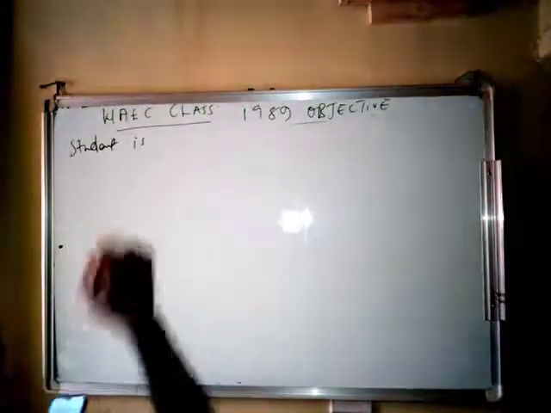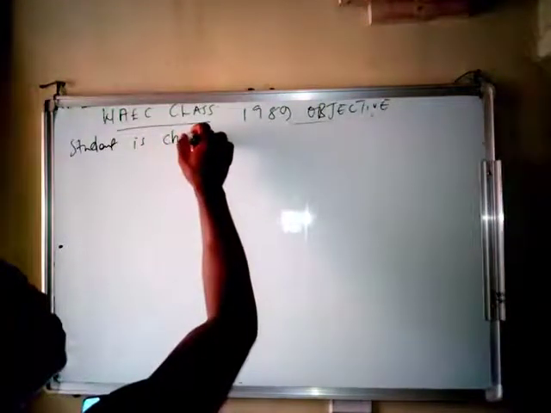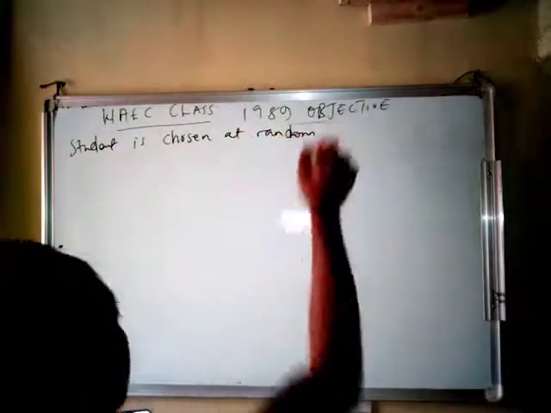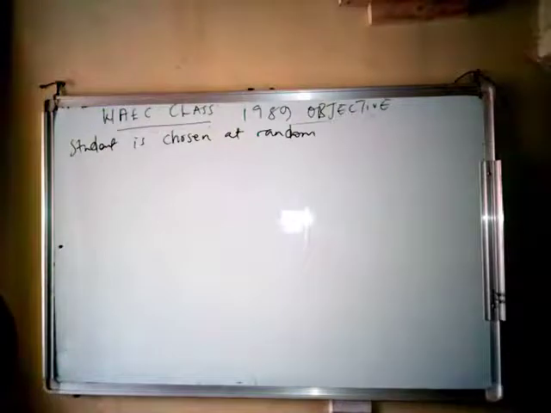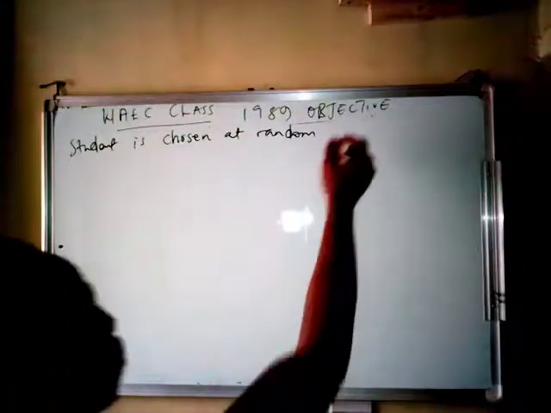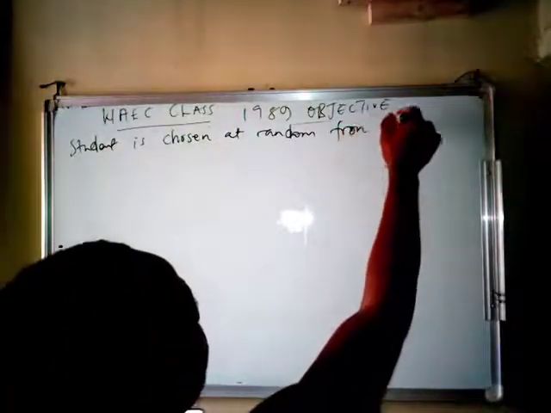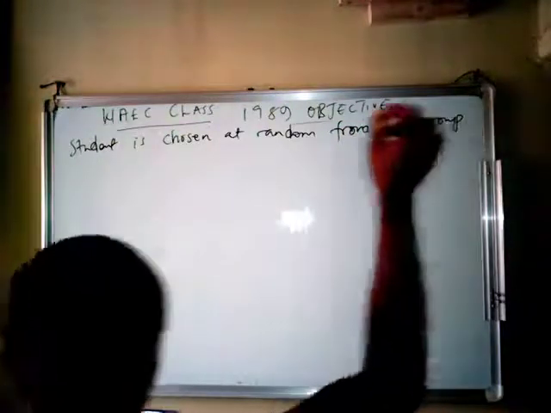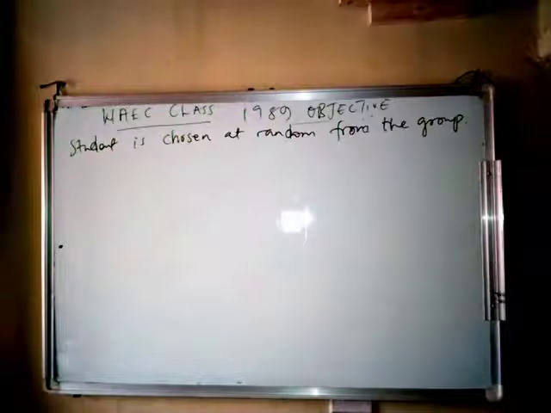So the student is chosen at random from the group. If you remember that question that we solved, the child is chosen at random from the group.